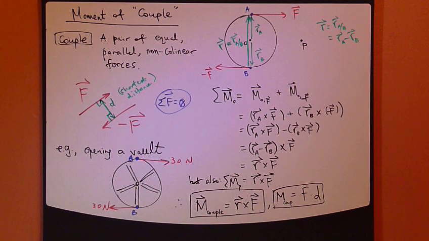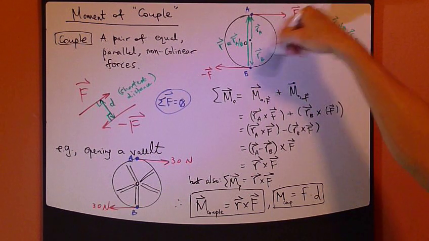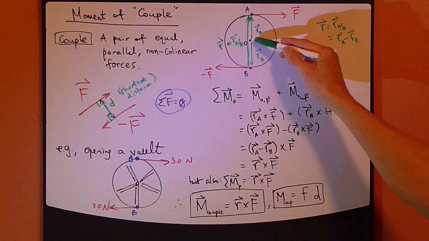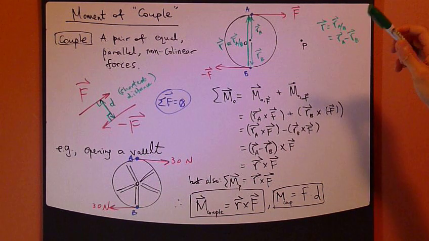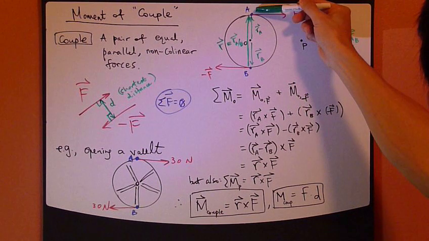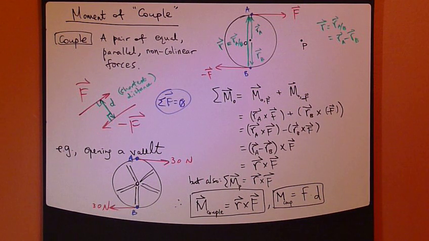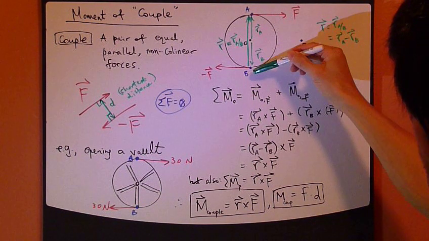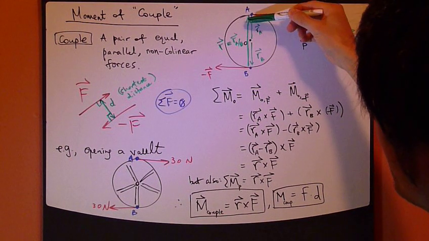Now, if I define this point of rotation as point O, this vault handle, I can define my displacement vector RA, measured from point O to point A. Similarly, point O to point B. But I can also define this position vector from point B to point A, which is this vector right here going up.